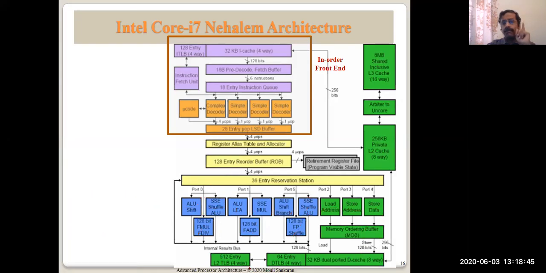And one most important thing, hyperthreading, where is it shown? I want you to identify the block in this diagram which is showing the hyperthreading. That is multiple contexts maintained by the CPU.